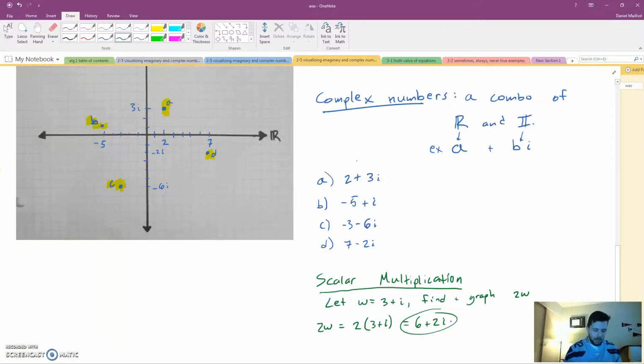But let's look at it graphically. Here's 3 plus i. And we can even draw a little out to it. Or, you know what? I kind of like how we did it the other day, like this. There's 3 plus i. Now graph 6 plus 2i.